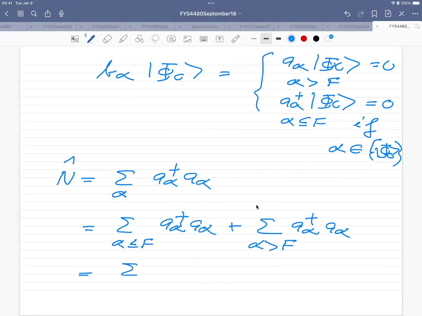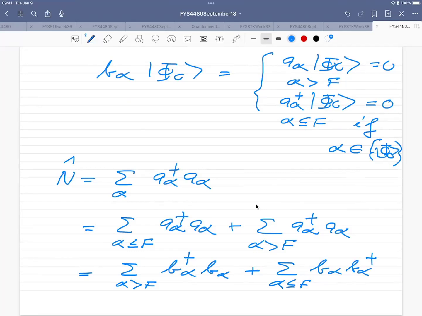Now I would have alpha larger than F, and I'm plugging in the definition of these operators. So this is going to be b alpha dagger times b alpha. And then I have plus a sum over alpha less than F. But now I have a different arrangement of the operators.